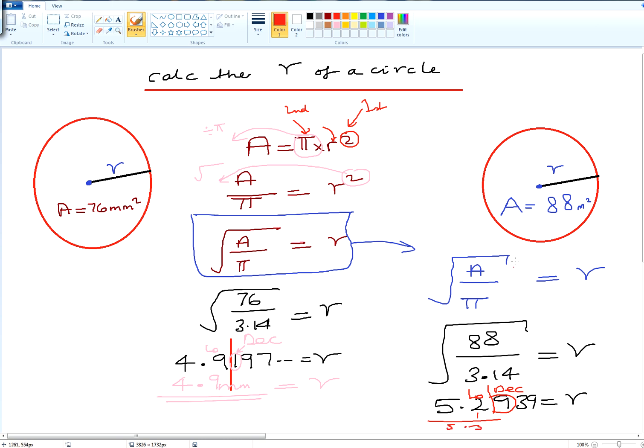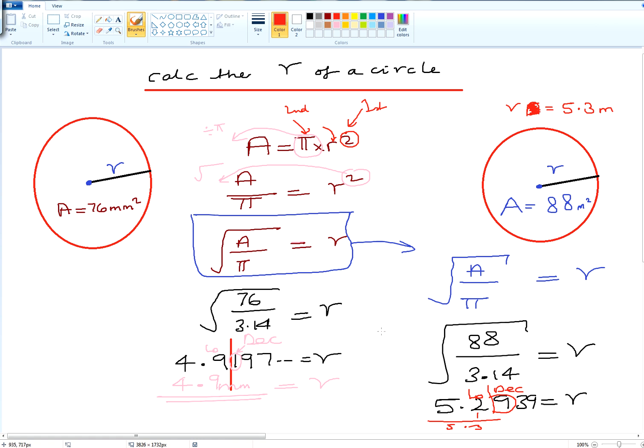Okay, right. So I'm going to write the answer up here because I've got enough room there. Pardon me, it's not the area, it is the radius. Radius equals 5.3 meters. And that's the end of the example.